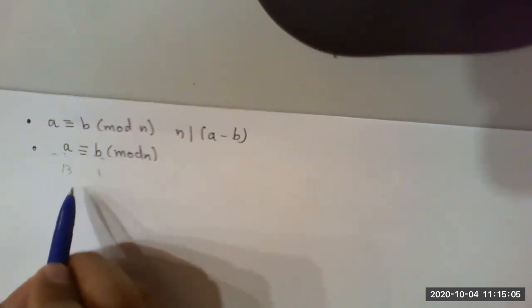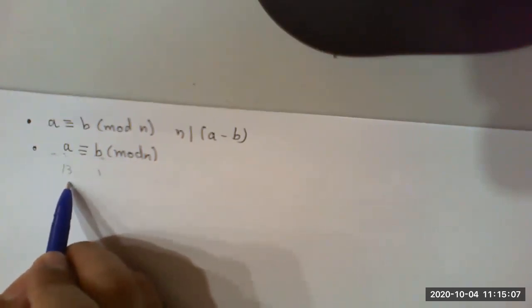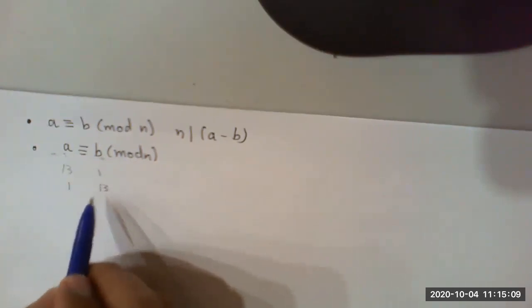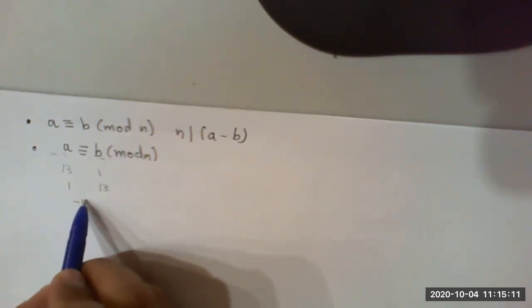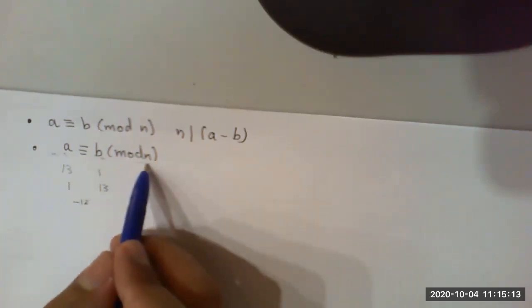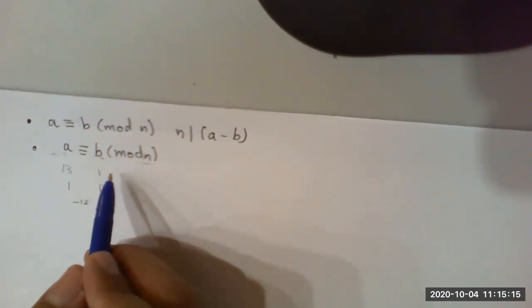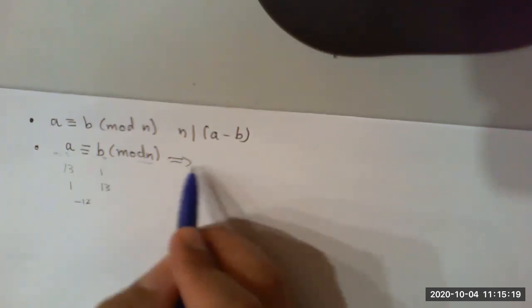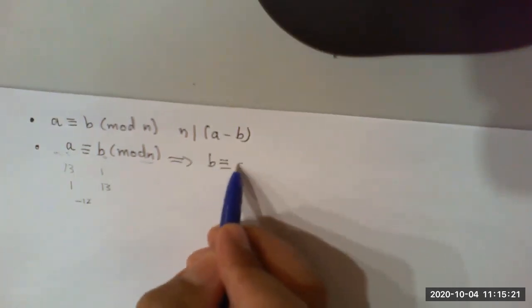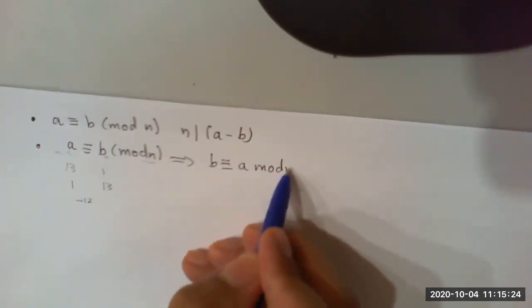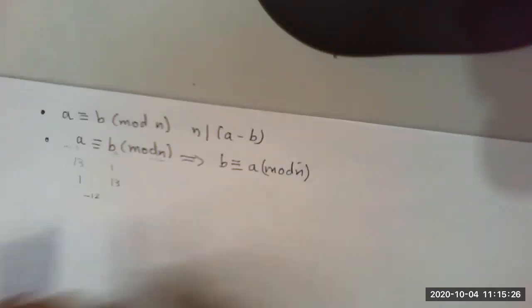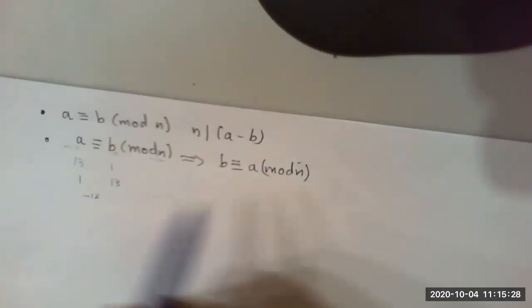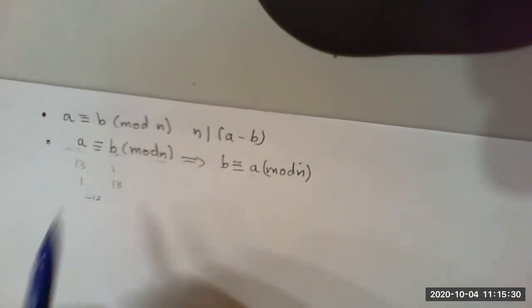If you swap them, it's going to have 1 and 13, and the difference is minus 12. Minus 12 has a modulus over 6 too. Yes, it works. So if you swap them, this means that B is congruent with A mod N. This is going to have the same thing.